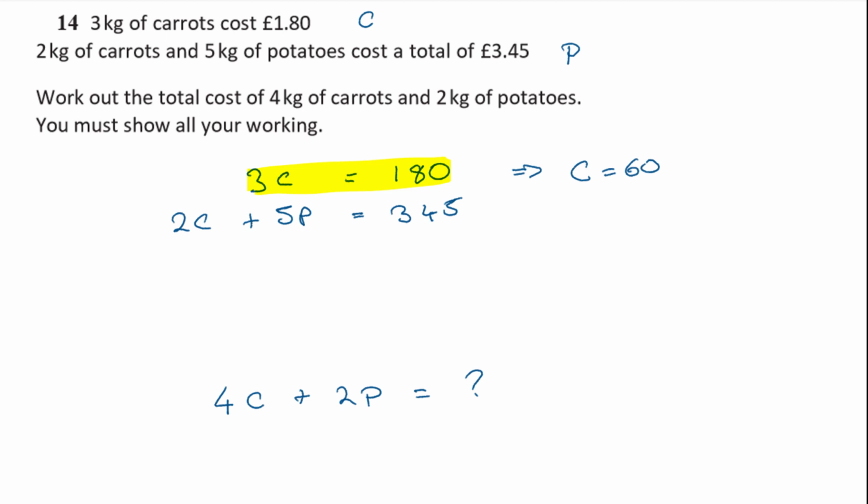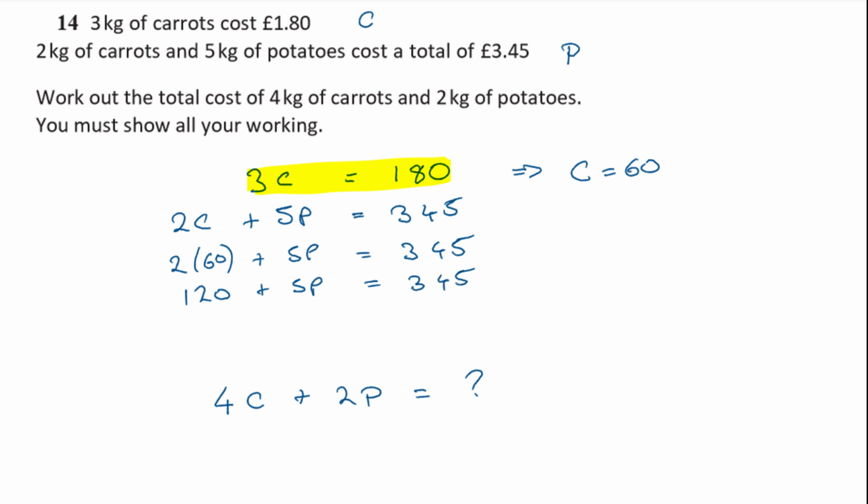So then if I know that C is 60, I can substitute it into this second equation. I know that 2 lots of 60 plus my 5P must be equal to 345. What is 2 lots of 60? 2 lots of 60 is 120. So I've got 120 plus 5P is equal to 345.